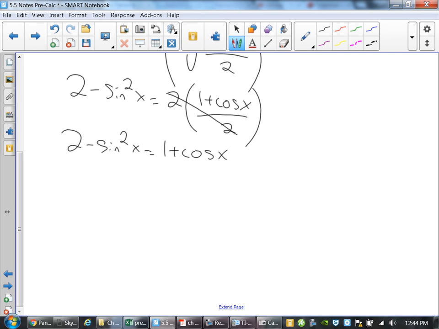Now you're at the point where you're going to use the Pythagorean identity, because you can't solve with sine squared and cosine at the same time. Sine squared, in terms of cosine, is 1 minus cosine squared, so I substituted for that. You see that Pythagorean identity a lot in this section.